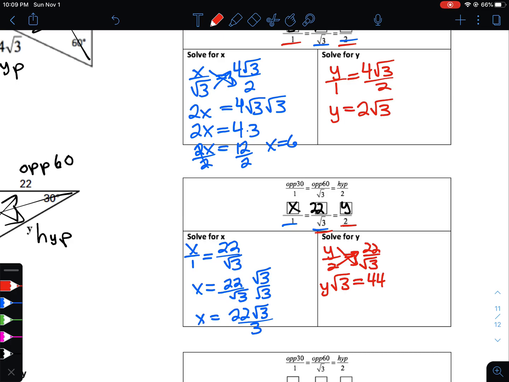So now to solve, we're going to just divide each side by the square root of 3. So we're going to have that y is equal to 44 over the square root of 3. But then don't forget that we're going to need to rationalize that. And that'll become 44 square root of 3 over 3.